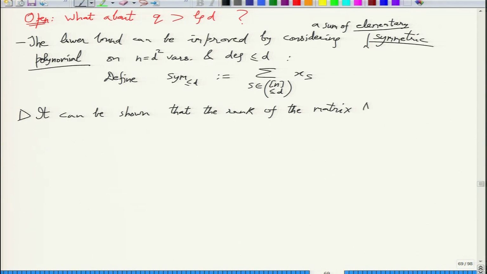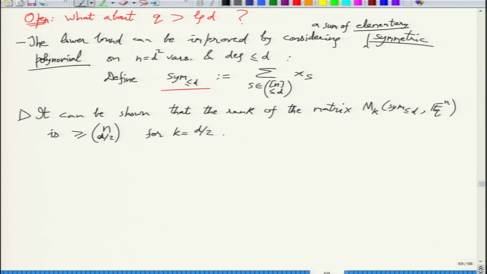Of the matrix M_k, sigma less than or equal to d, over F_q to the n, this rank is greater than or equal to n choose d by 2, if you take k to be d by 2.